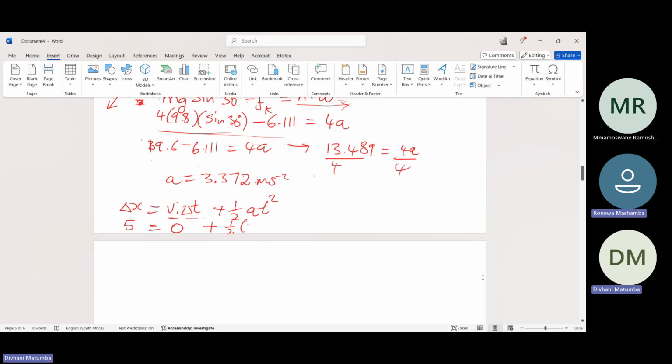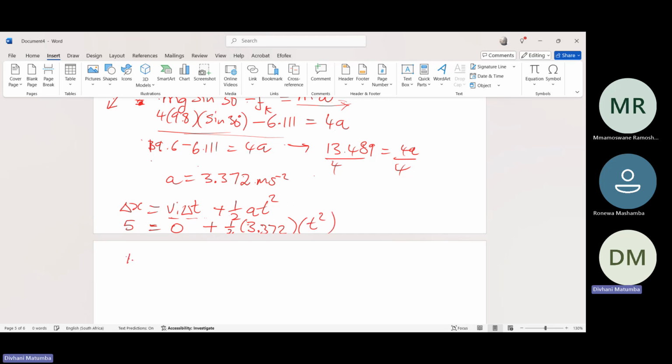We assumed that just before the snapping, the object was at rest. So this will be 3.372 times time squared, which is what we are looking for.